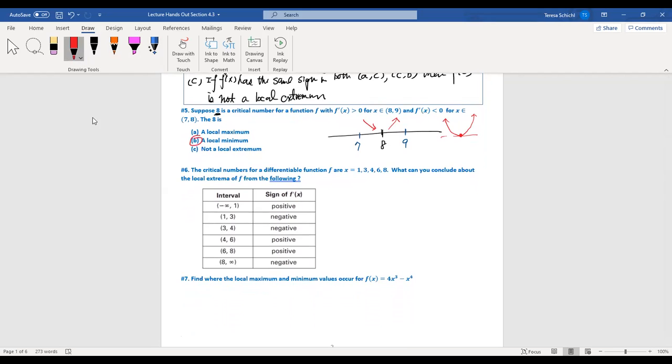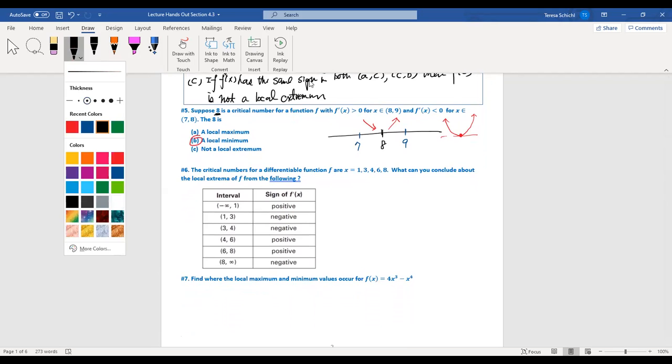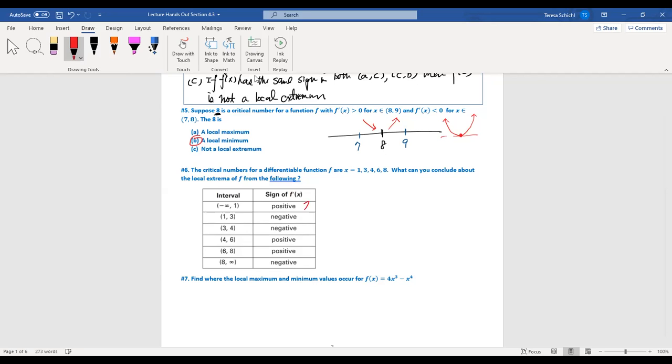Let's do this. From negative infinity to 1 it is positive, so it is increasing. From 1 to 3 it is negative, decreasing. Negative, decreasing again. 4 to 6 is increasing, increasing, decreasing.